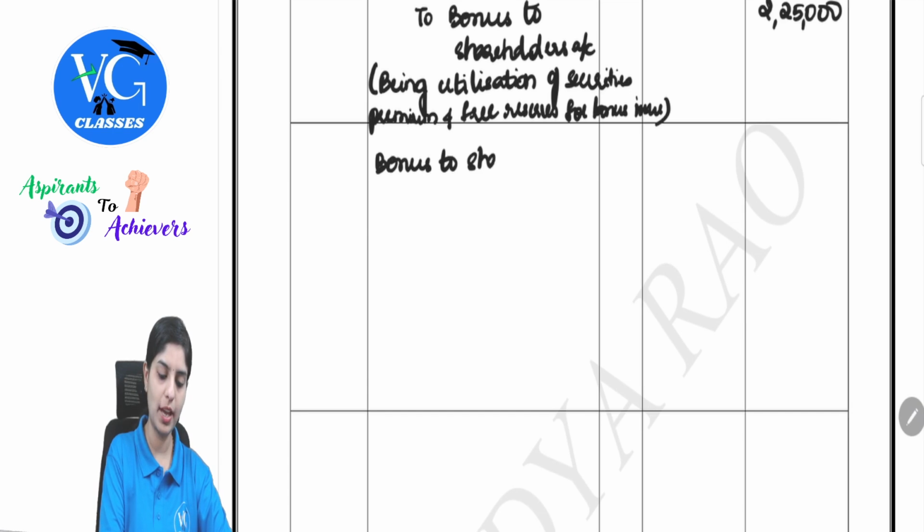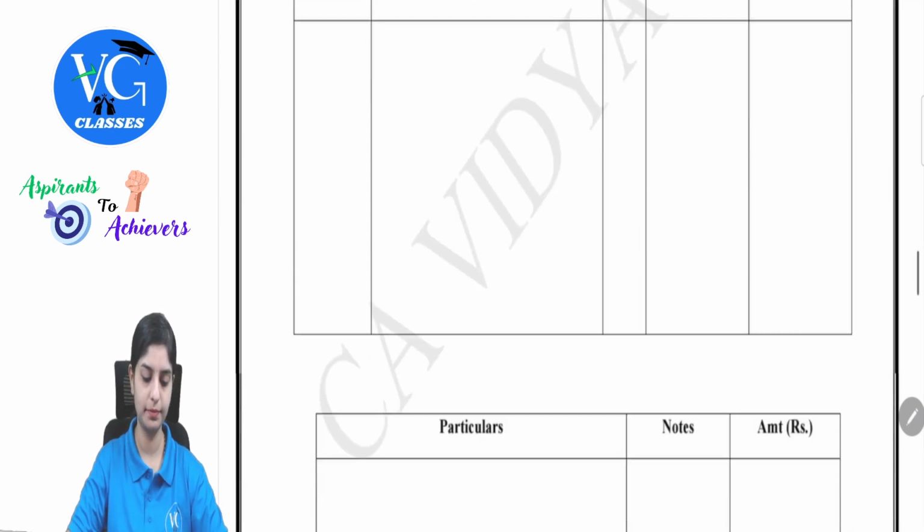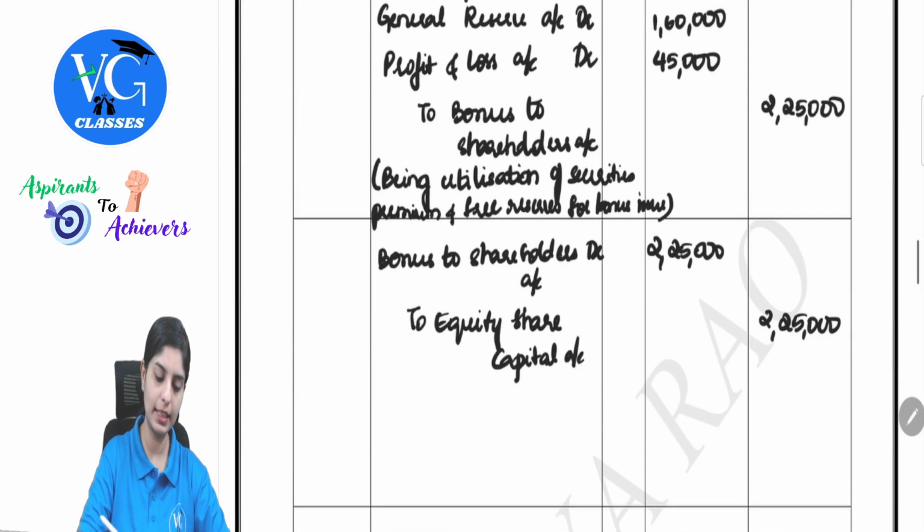Bonus to shareholders account debit to equity share capital. This will be 2,25,000. I hope this is clear.